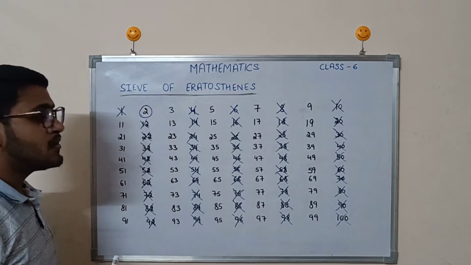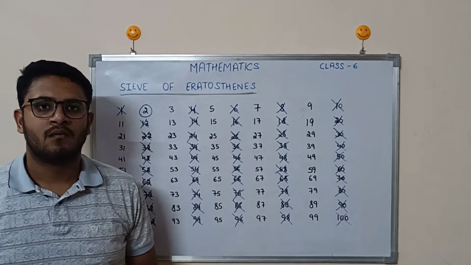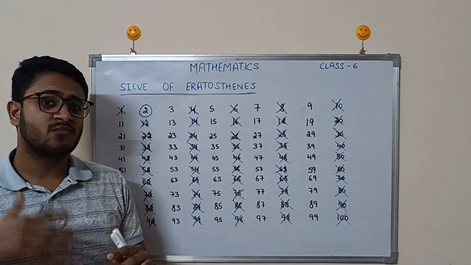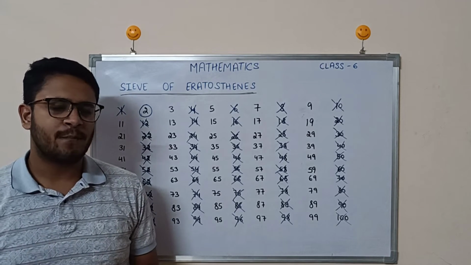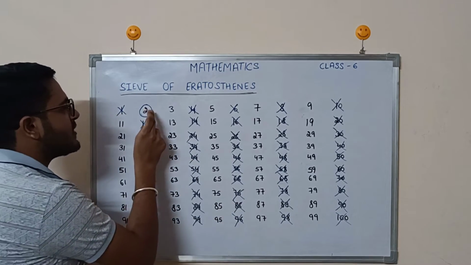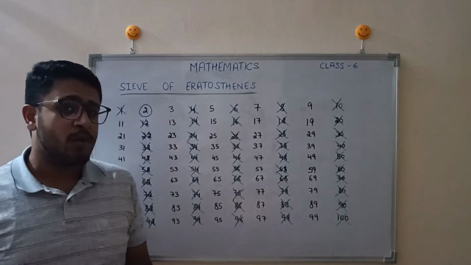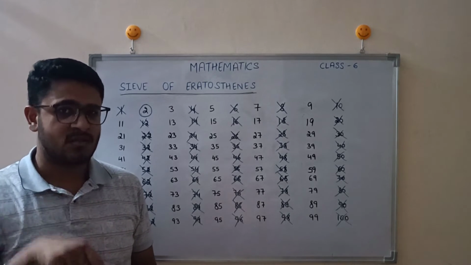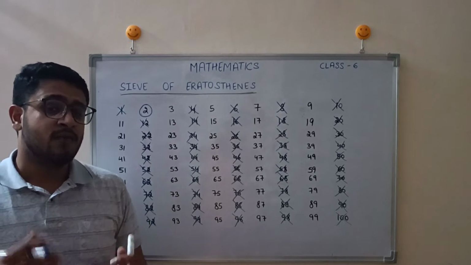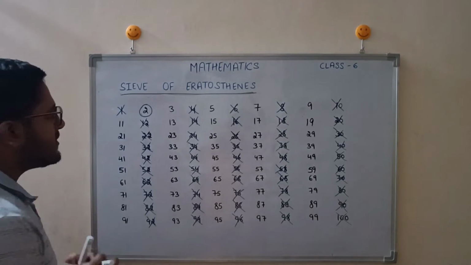Okay. Now what step number 3 says: after crossing out all the multiples of 2, let's try to find which is the next number after 2 which has not been crossed out. Step number 3 says find the next uncrossed number and circle it.